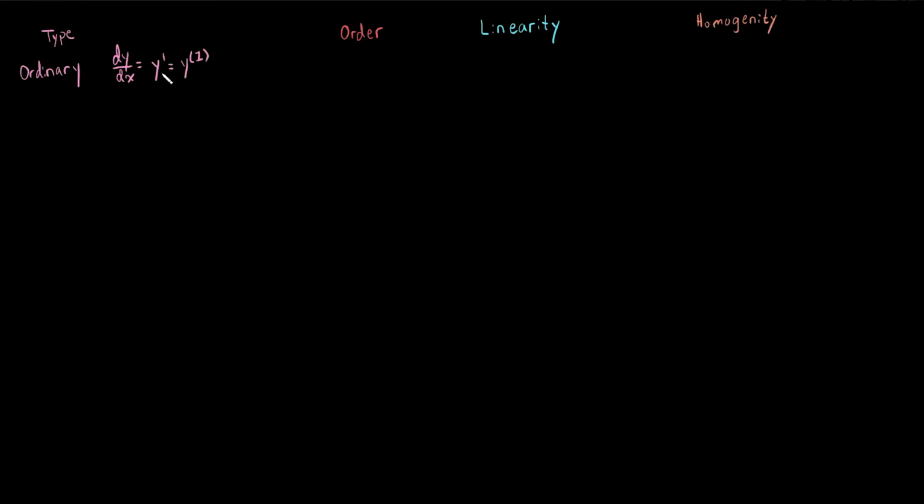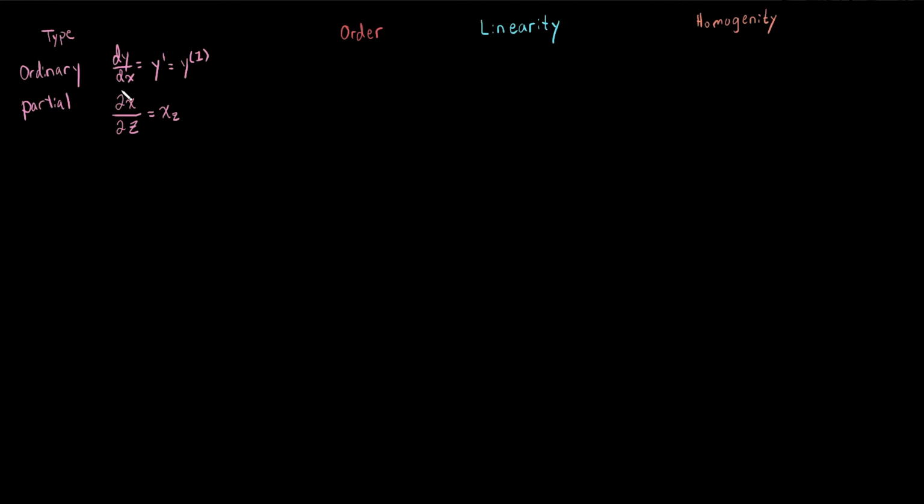This is the ordinary notation, but then we also have partial differential equations. Partial differential equations are typically written with this little hook symbol right here, so we could have the partial of x with respect to z, or we could have x sub z.